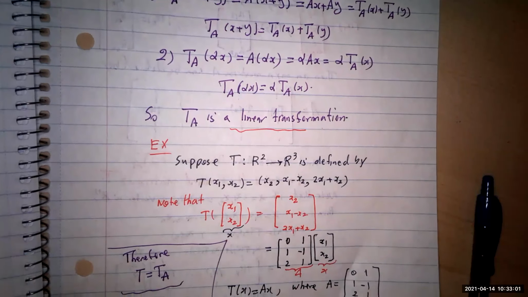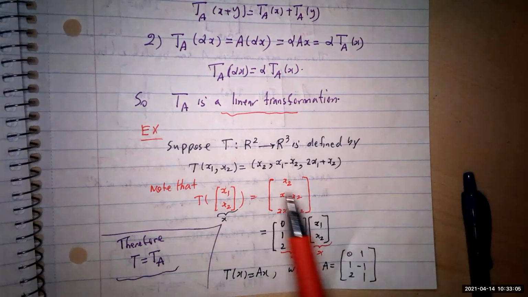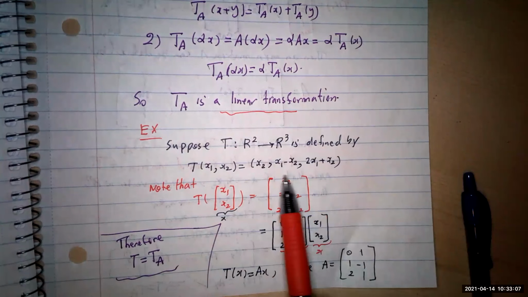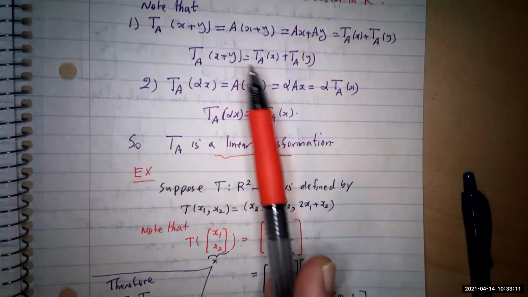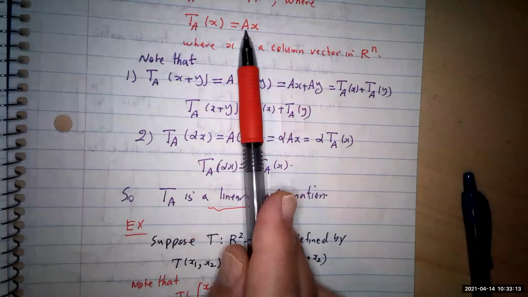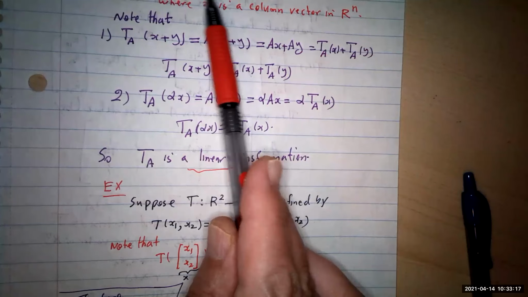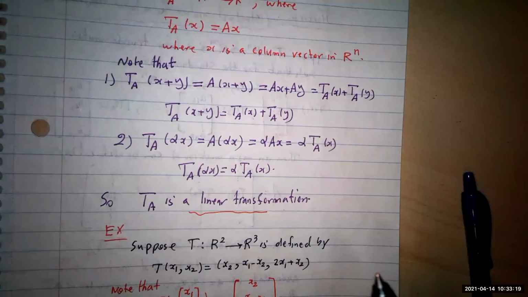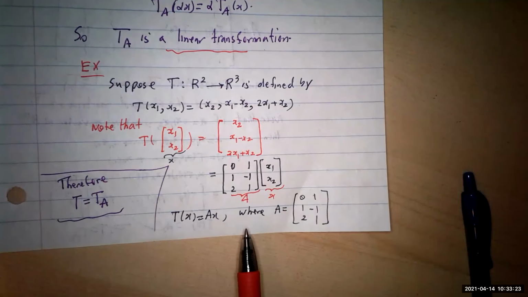So the question was, if a linear transformation in general is given to you, can you write it down in this form? Can you find a matrix that would be associated to your linear transformation? We investigated one example and found out, yes, it's possible.